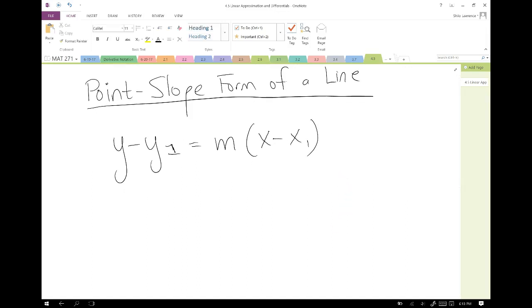Once we get a little bit more sophisticated in our algebra, we said a second ago, we're going to always identify a specific point that we want to work with, because this only works on and around a specific point on a graph. So we're going to say at x equals a.